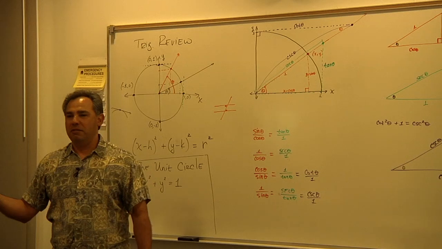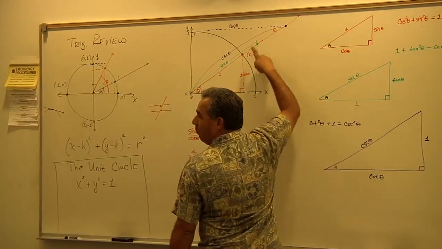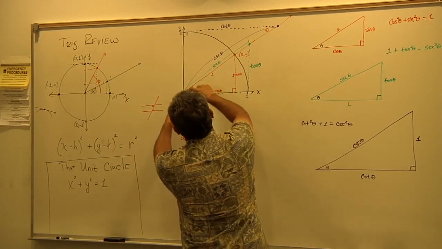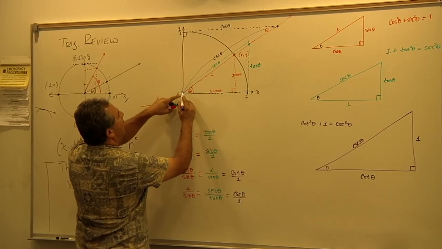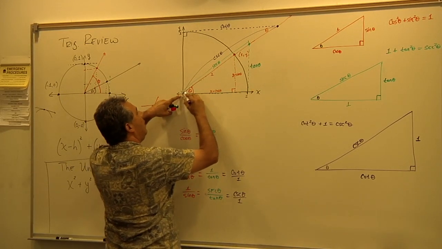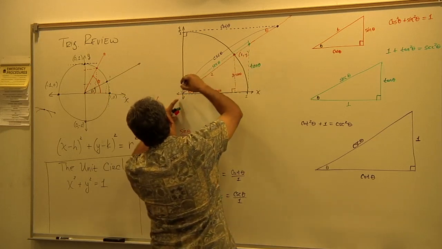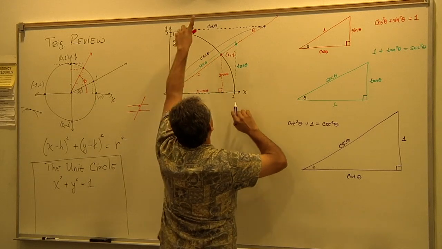The tangent curve, okay? Now, the tangent length is right here, correct? Now, what's going to happen when the ray was right here? If your ray was drawn, say, right here, the tangent length would be just that big, right? And as theta gets here, the tangent length gets that. What about if theta was right here? If your ray went up here, where would the tangent intersect? It would be way up there, right?